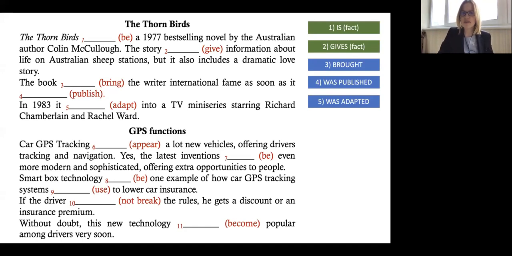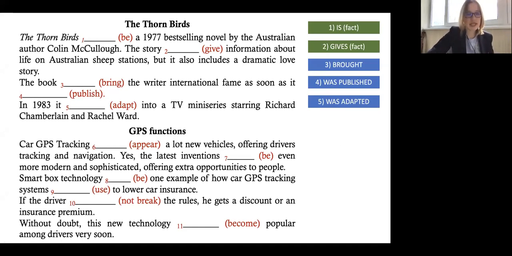Can we say as soon as it would be published? No, never. Remember, we do not use future tenses, any future tenses, future in the past, or simply future tenses in subordinate adverbial clauses of time and condition. Gap number 5 is was adapted.